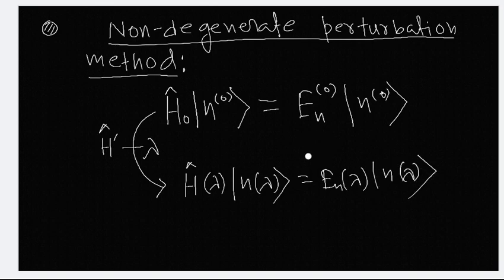So the energy eigenvalue En naught will turn into En lambda, and the unperturbed spectrum n naught will turn into some n lambda.